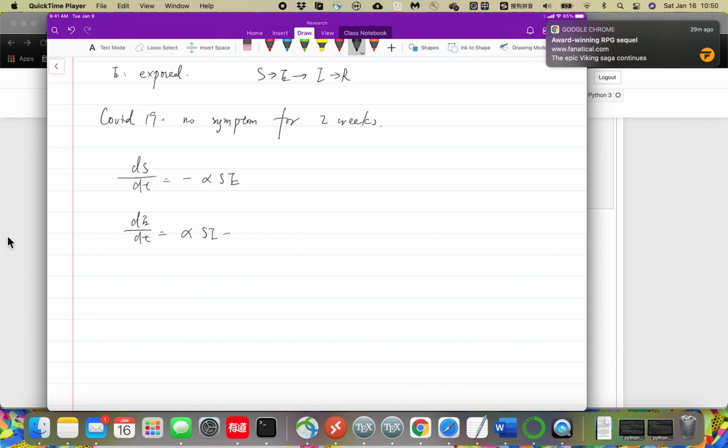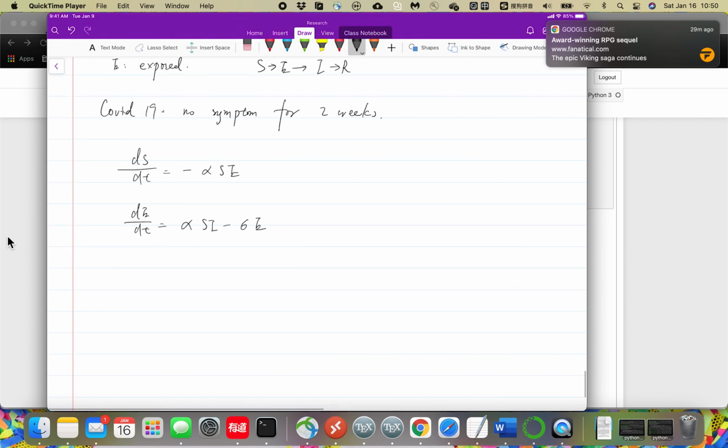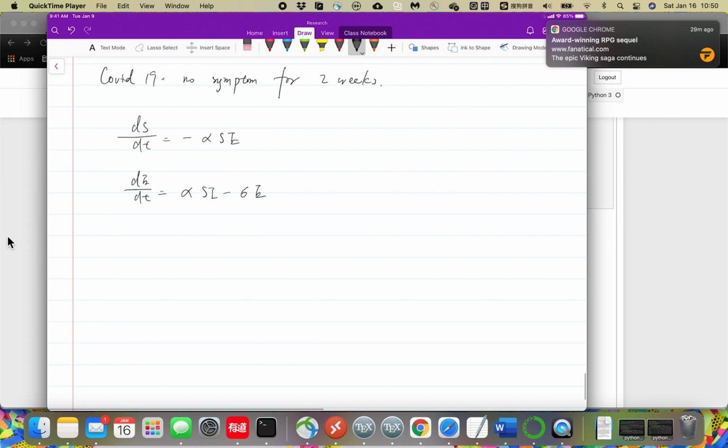Minus the people who, let's just say, I don't want to use beta. Note there is no I here, because once they are already exposed, they do not have to be close to the infected people in order to become infected. It's just purely due to them. They already carry the virus. And then everything else carries. And finally, dR over dt is recovered.